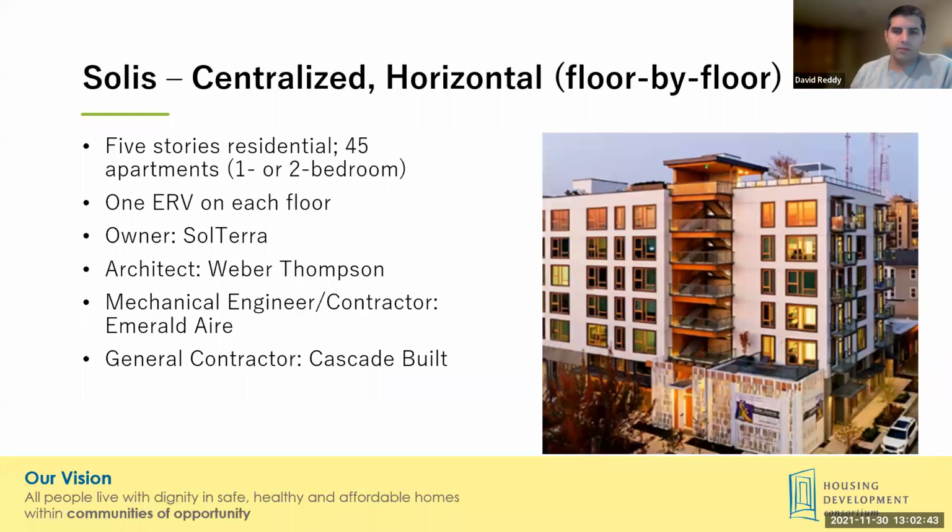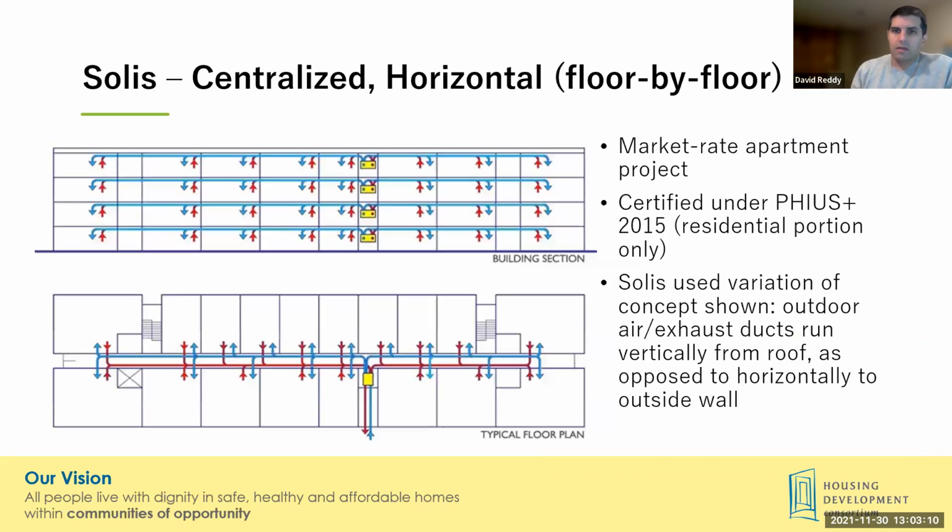So moving into our last case study, to illustrate the centralized horizontal floor-by-floor approach is the Solis apartment building in Capitol Hill, built by Solterra. Architect was Weber Thompson, and the mechanical engineer and contractor was Emerald Air, with Cascade Built being the contractor.